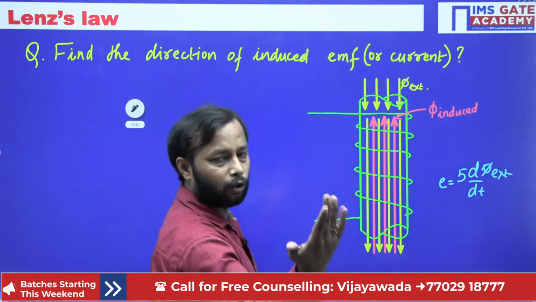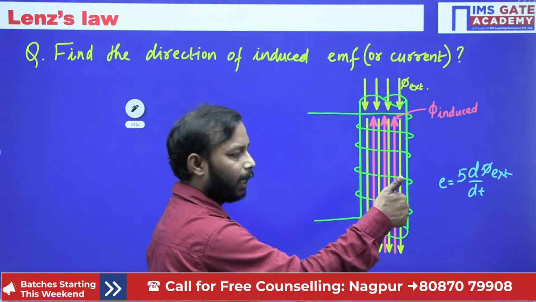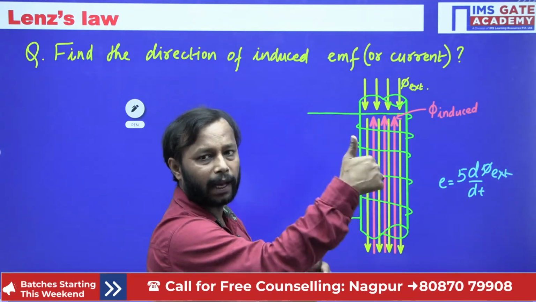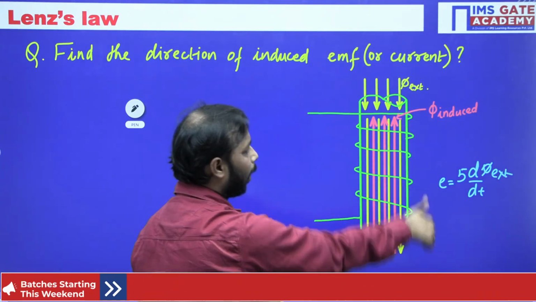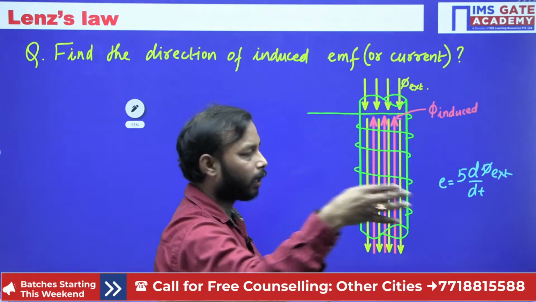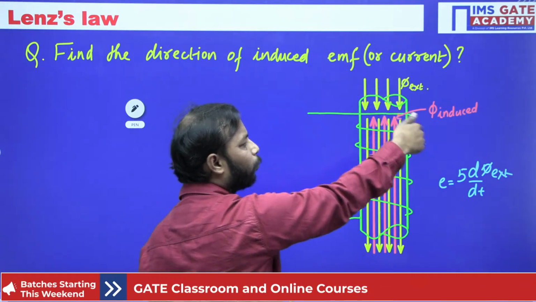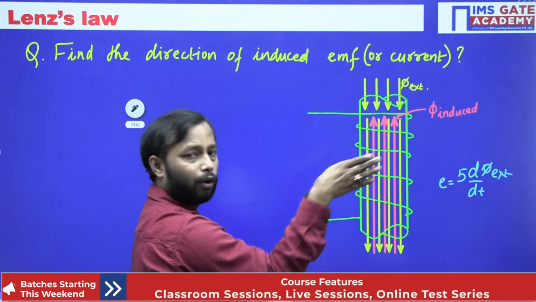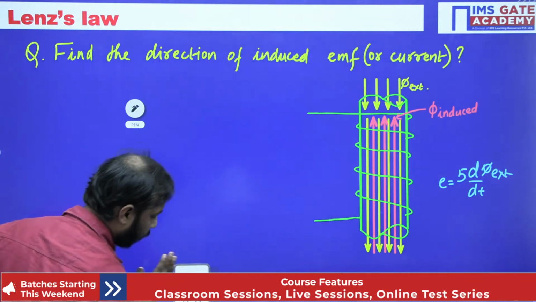So again we are going to use the Fleming right hand thumb rule. Place your thumb in the direction of magnetic flux, which is this phi induced in upward direction, then the forefinger will give you the direction of current. Alright. So just a second.